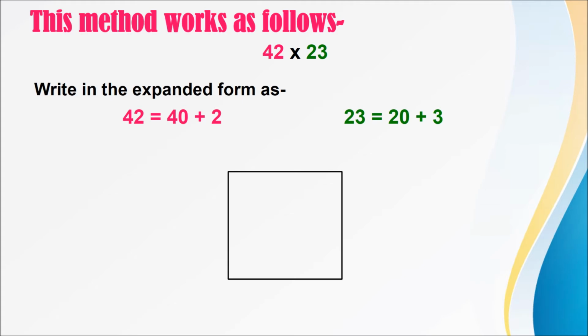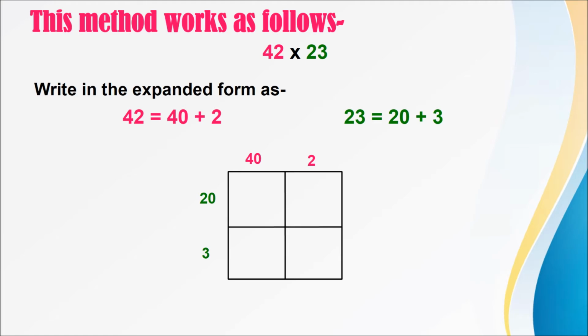Now, draw a square box and divide it into halves vertically and horizontally like this. Then, write the numbers 40 and 2 along the top of the square like this, and 20 and 3 along the left side of the square like this.